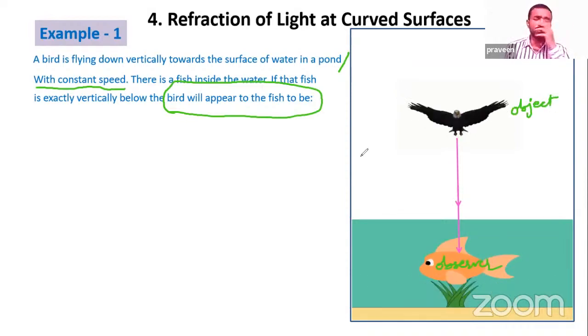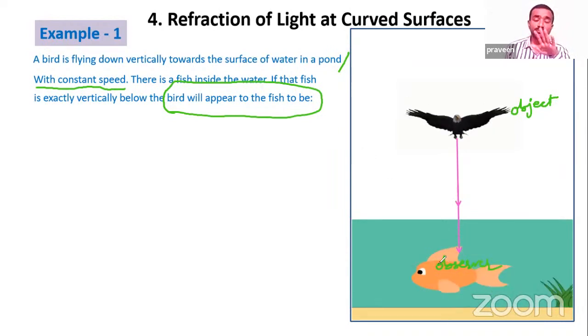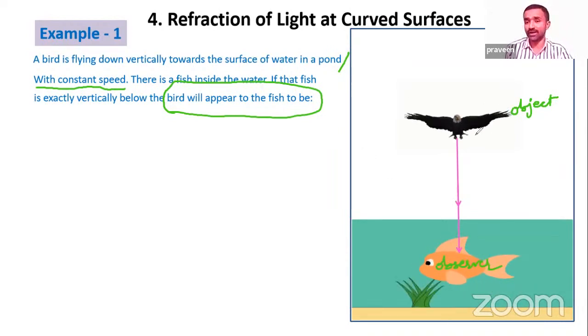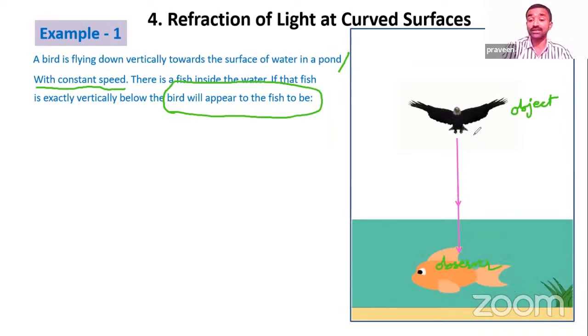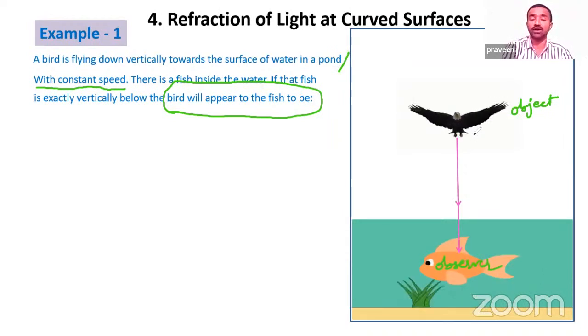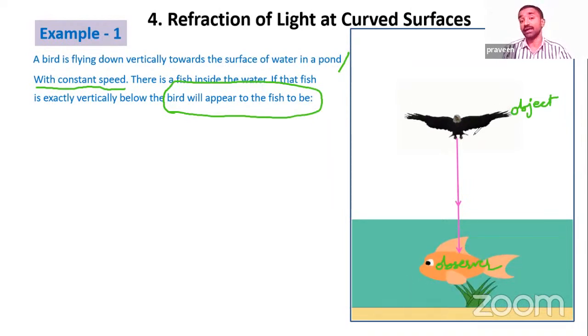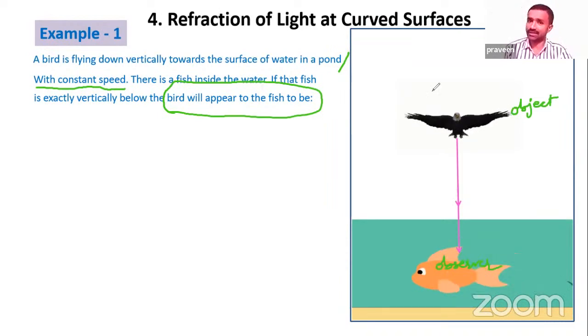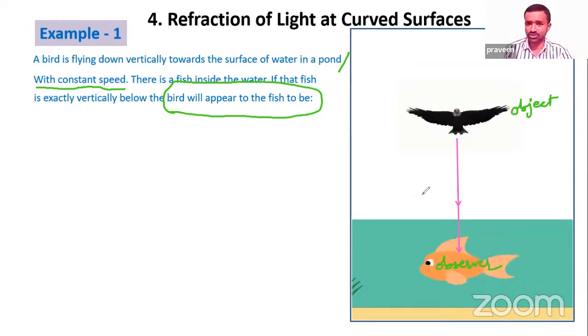So here we know that when it started to be observed, the bird is located at a certain height above the water surface. Then it appears to the fish to be... Here there are 3 possibilities to observe the bird.